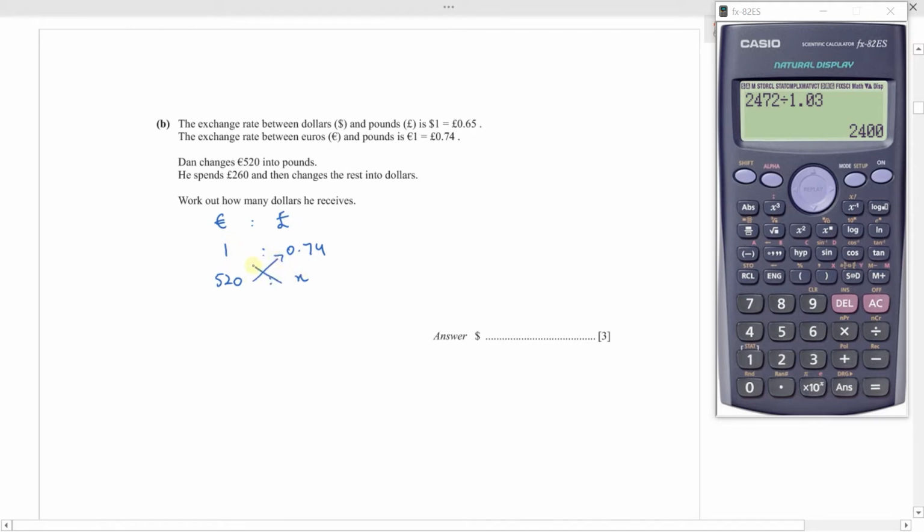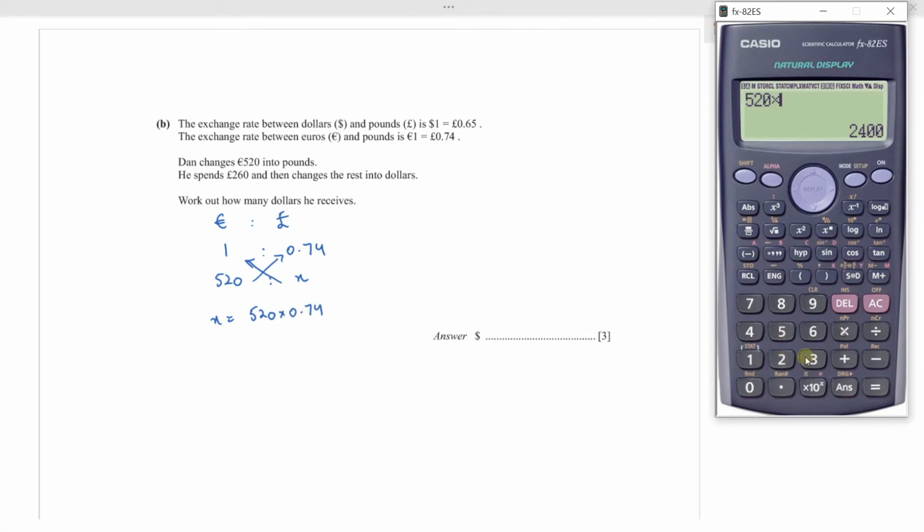So we simply cross multiply here to get the equation. So X will be 520 into 0.74. So he gets 384.80 pounds after he converts 520 euros.